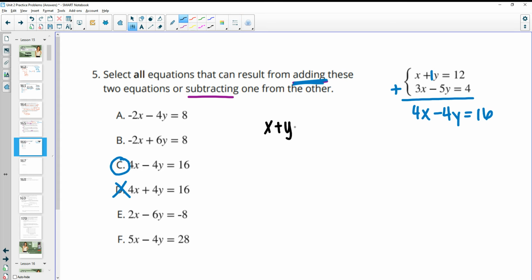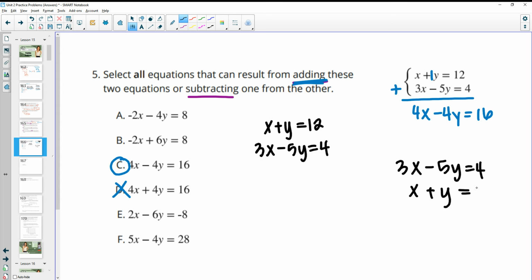Then we can also subtract. So let's write down the system here: x plus y equals 12, and then 3x minus 5y equals 4. We also know that with subtraction, you don't get the same answer when you switch. So let's switch the equations so that we can get both of the two answers.